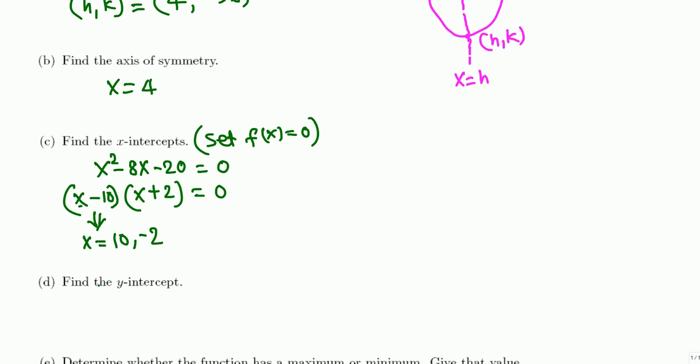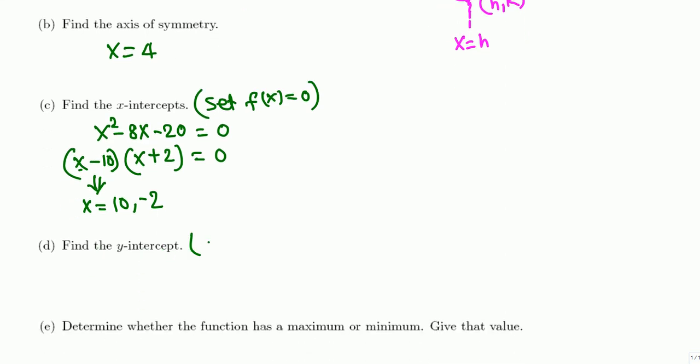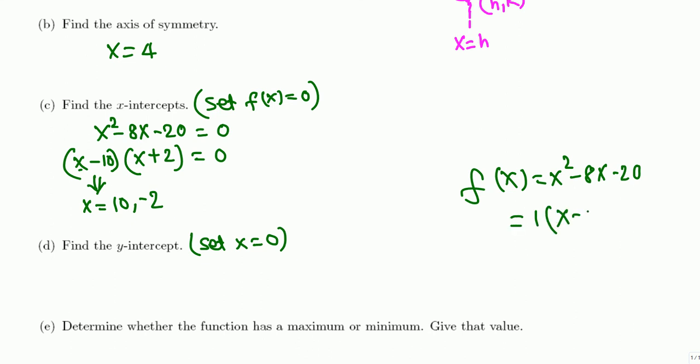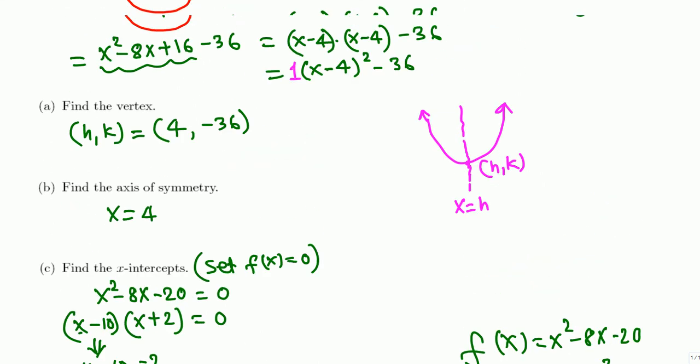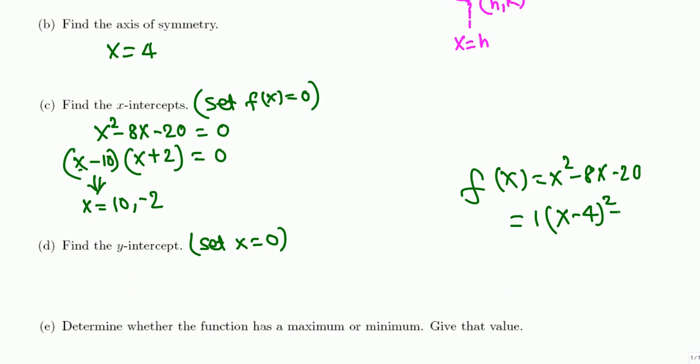Next, we need to find the y-intercept. For y, we set x equals 0. Our function is x² − 8x − 20, and we rewrote this in the standard form, which was 1(x − 4)² − 36.